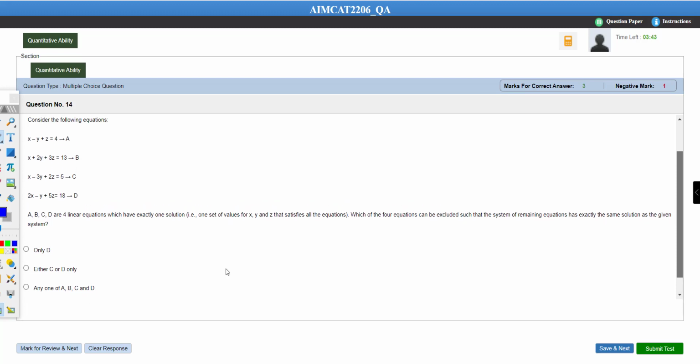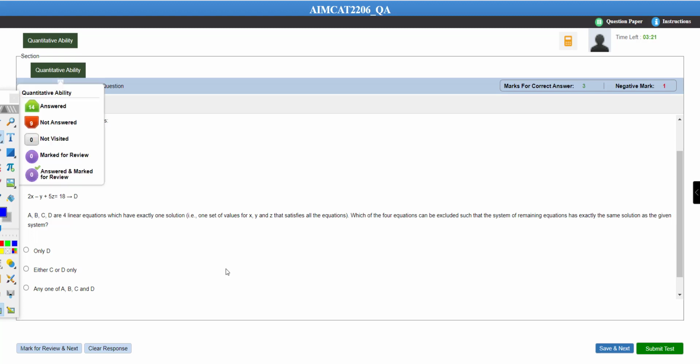so over here there are 4 equations. Okay, so there is a unique solution for these 4 equations. We are supposed to remove one equation out of these 4 such that the remaining 3 equations will give us the same solution as the initial one. Okay, so let's observe this.